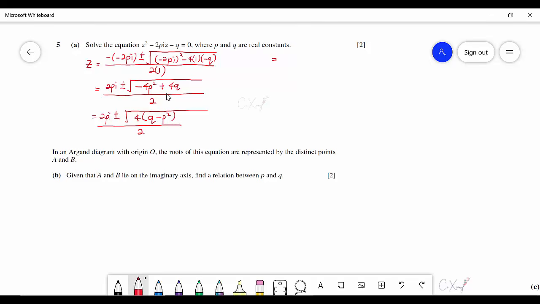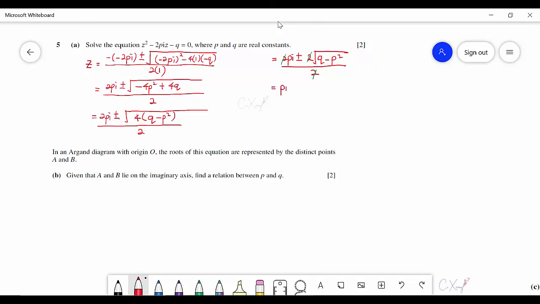Continue further. The square root of 4 you can simplify to become 2, and you keep the q minus p squared in the square root, and then divided by 2. Here you can see that all the 2 in the fraction can be simplified and you end up having two answers.